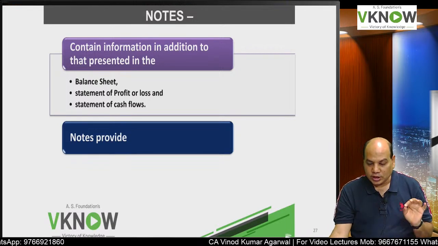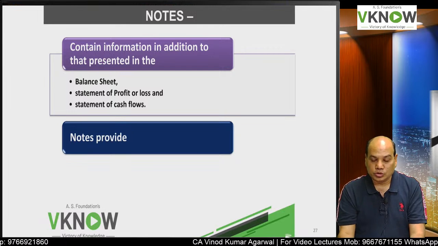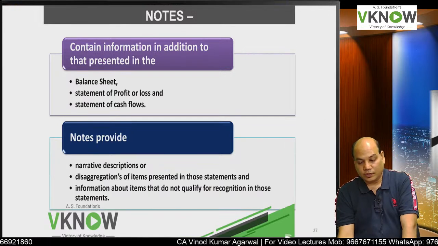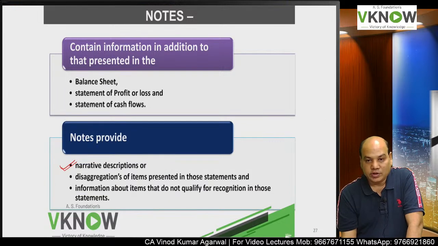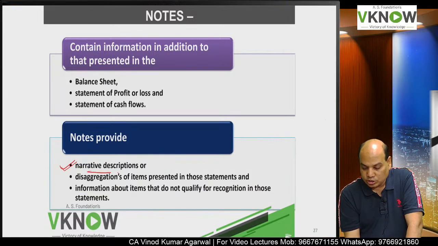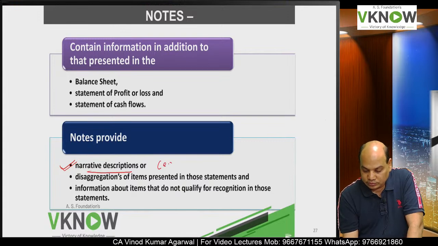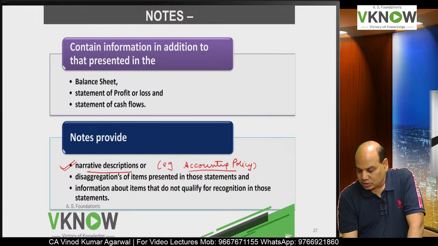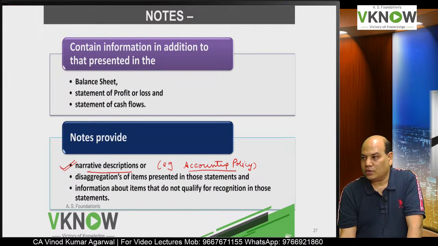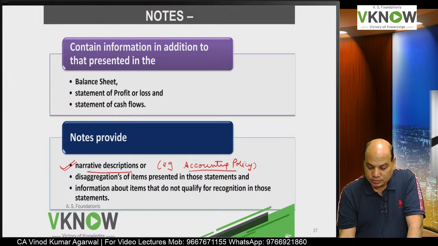So it contains information in addition to that given in the balance sheet, statement of profit and loss and statement of cash flow. The purpose is to give narrative description like accounting policies. What is the example? Accounting policy disclosure, which will give information on what accounting policy they are following for various items.